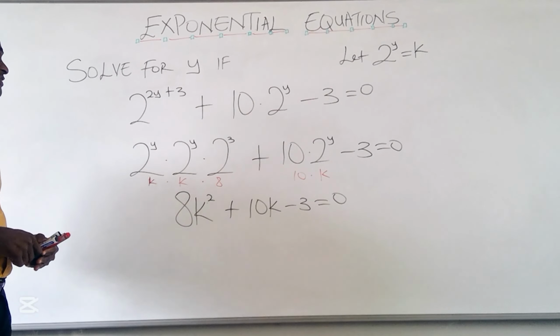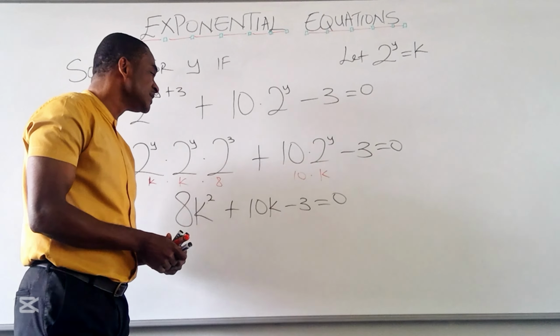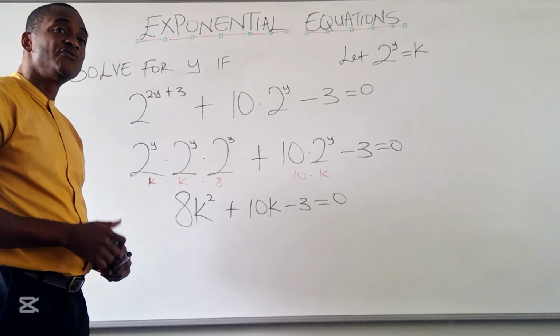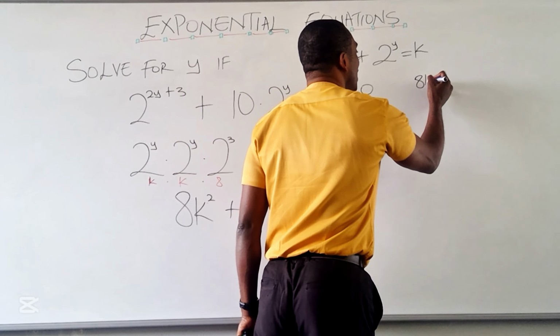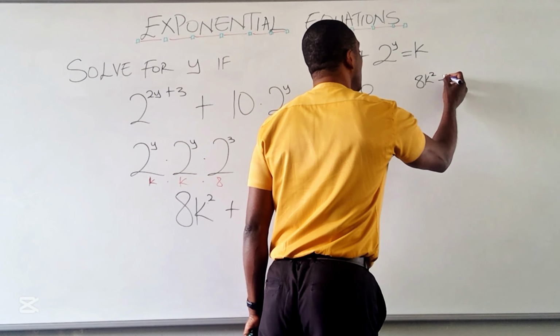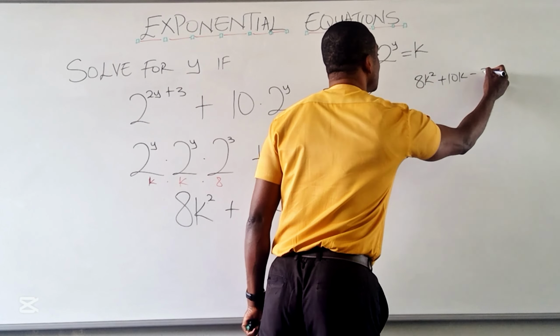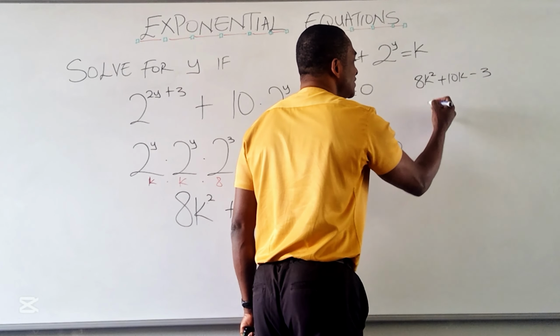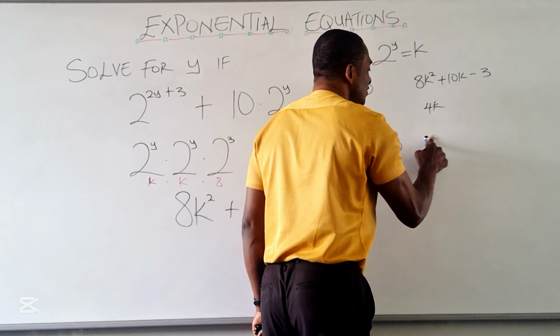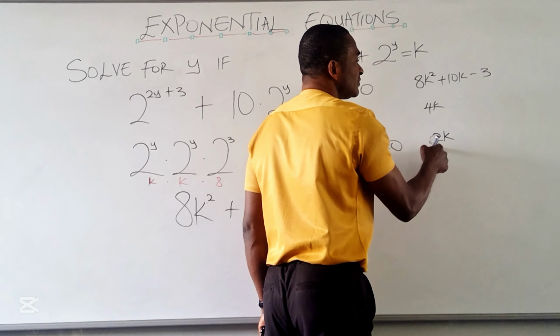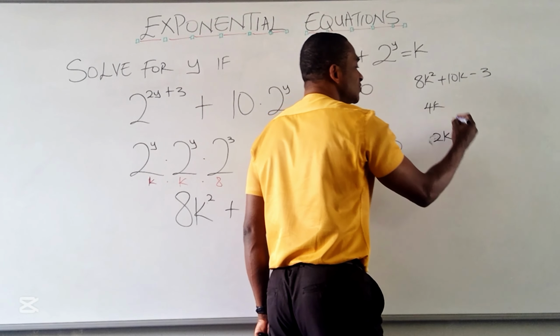How do we factorize trinomials that have the coefficient of the square not being 1? So we break this down. We have 8k squared plus 10k minus 3. We look out for two things that we can break this down to. 4 times 2 gives us 8. K times k gives us k squared.